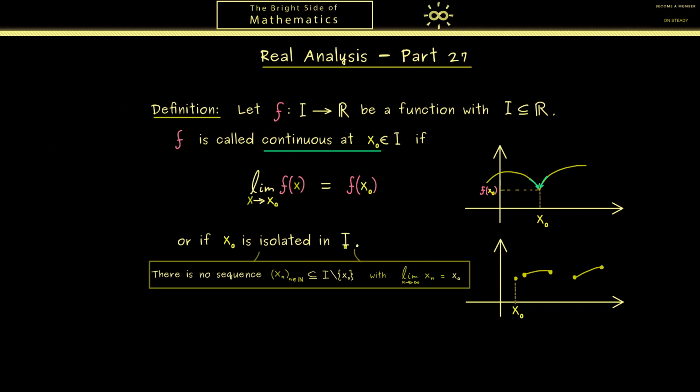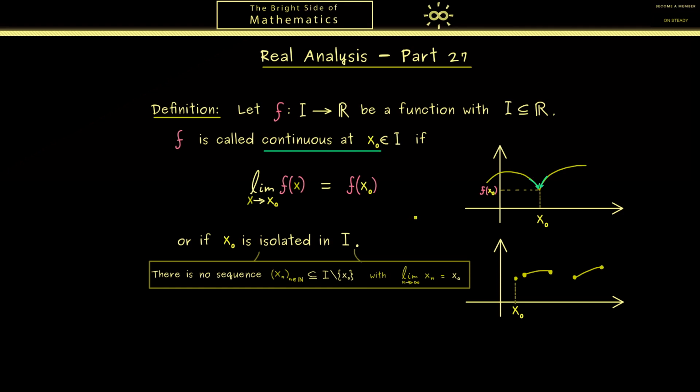Here, isolated in I just means you don't find a sequence xn from the outside such that the limit of the sequence is x0. However, still the important case is that we have a point that is not isolated such that we need this condition here. And with this we have the whole definition for f being continuous at a given point x0.